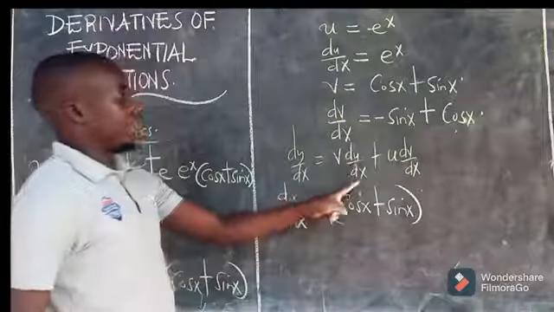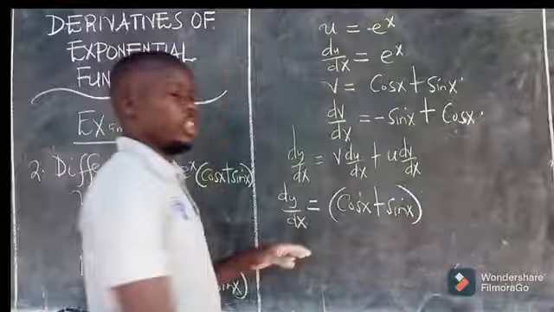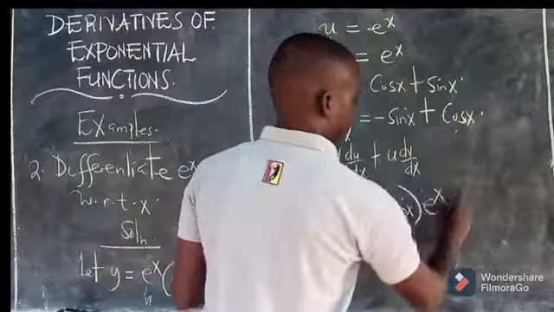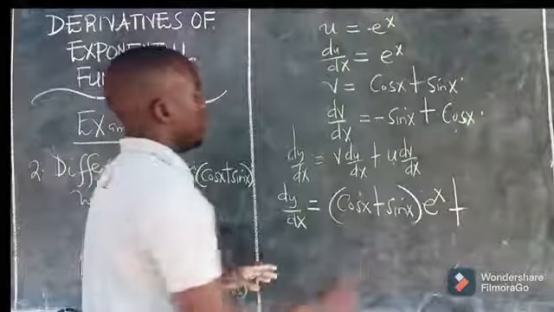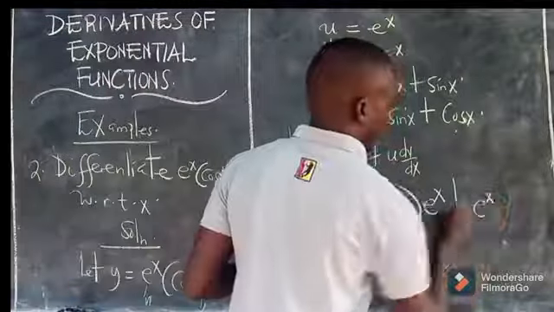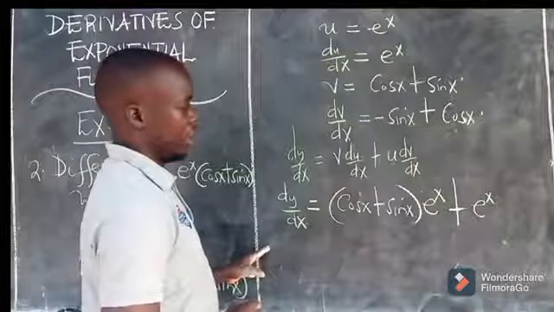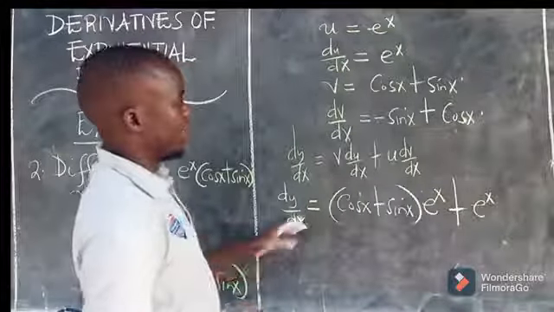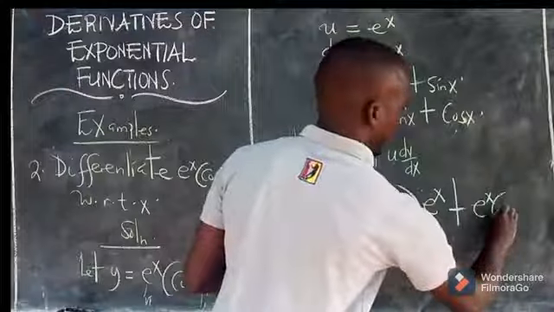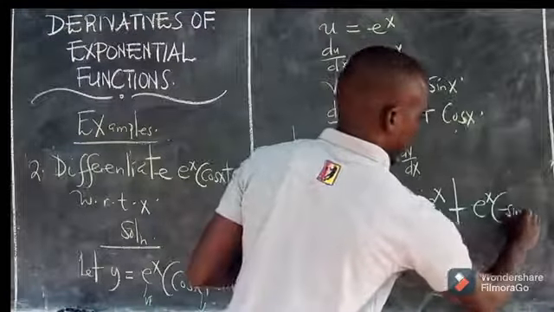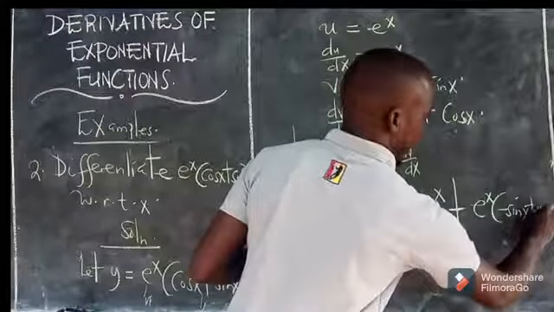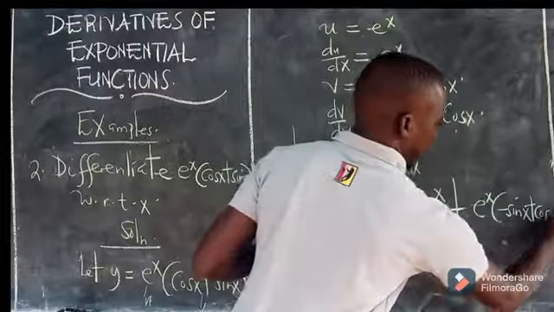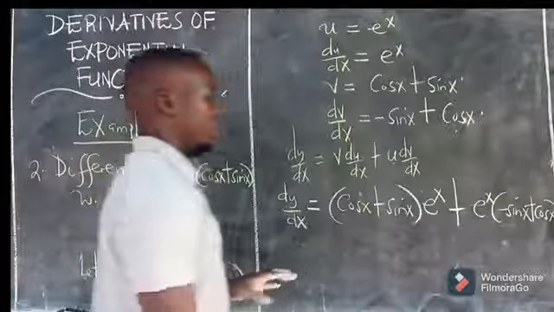The du/dx, we already had it as exponential x. Then plus u, our u was exponential x. And the dv/dx, we got it as negative sine x plus cos x. That is our dv/dx.